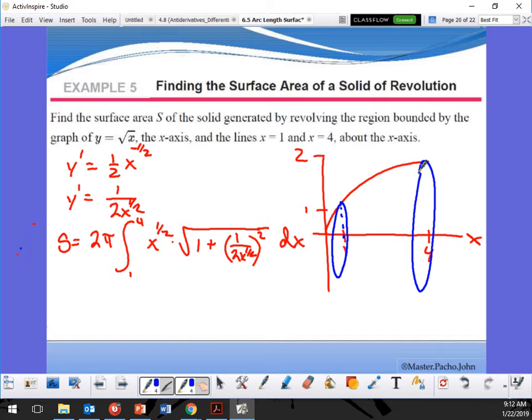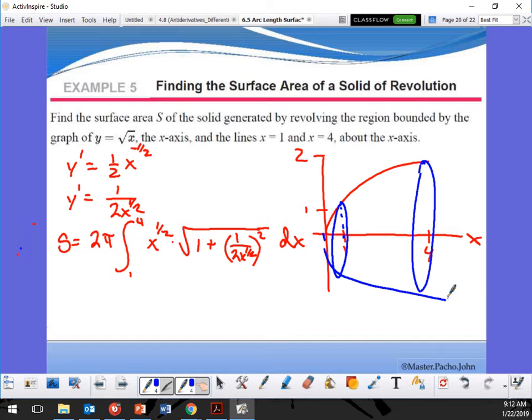As this revolves I get the revolution of this, some type of shape that looks kind of like a bell, but it's not.